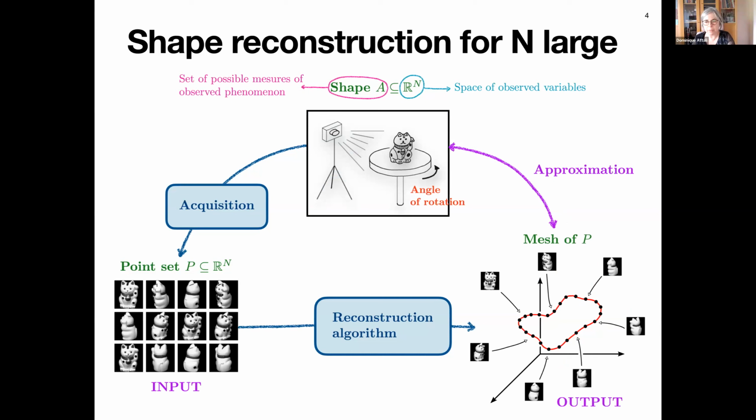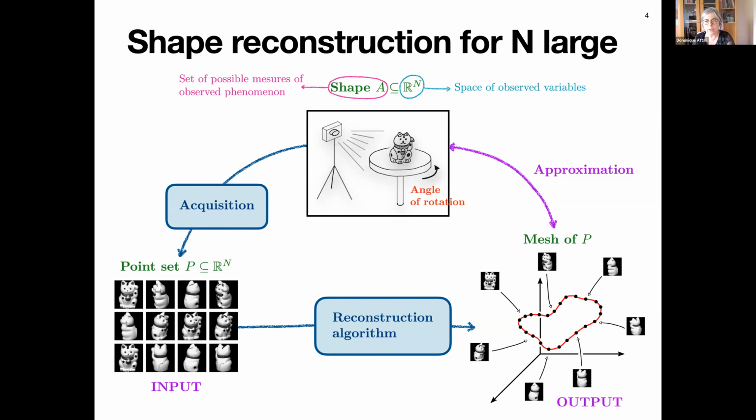And why is that? Because we are in a high dimensional space. We are measuring plenty of variables, but the phenomenon that we are observing typically has a small number of degrees of freedom. And so we expect the points that we are measuring to lie on a low dimensional submanifold.